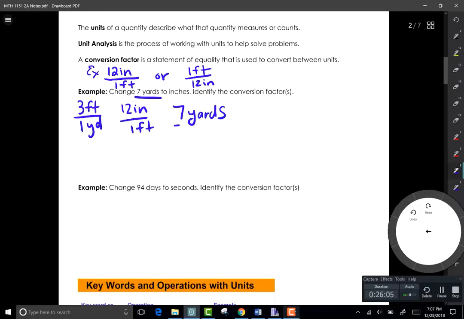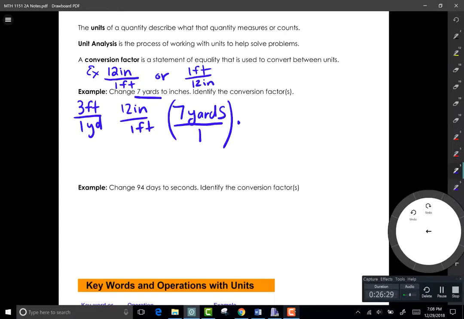And I'm going to put it over 1 because this is going to be like a chain of multiplication of factors that are fractions. If you have just a whole number, it makes it a lot easier to put it over 1 so things line up. So I have 7 yards. There's my first factor. This isn't a conversion factor because the top and the bottom are not equivalent.